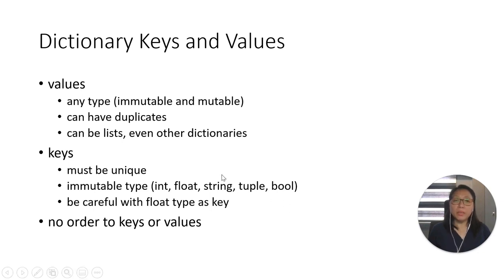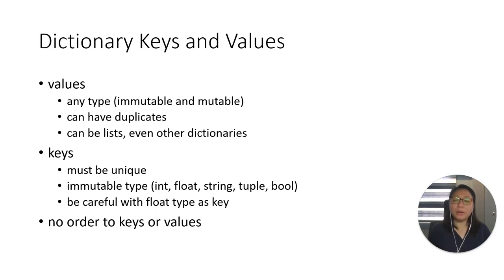And then the key must be unique in the dictionary. The type of the key must be immutable. For example, we've learned the immutable types like integer, float, string, tuple, and bool. However, when we use float as the type for a key, we have to be careful because of the decimal values.